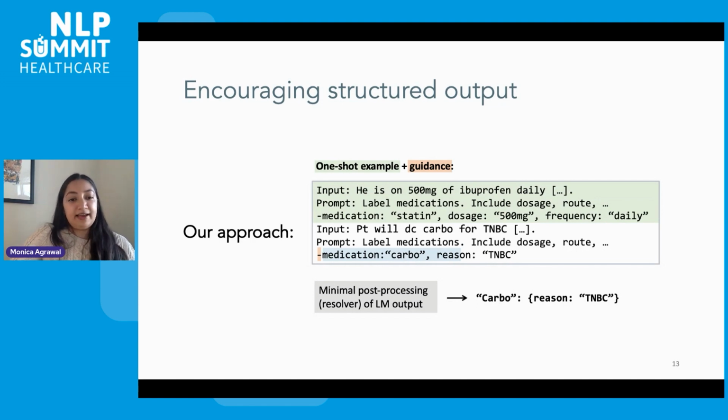We also provide guidance, in this case, just a bullet point. What this does is show the model that we want it to list, and it keeps it from saying something like, I don't know. And once we have something like what's shown in blue, there's very little post-processing that has to be done to get to the JSON format. That way the resolver, as we call it, can be much, much simpler.